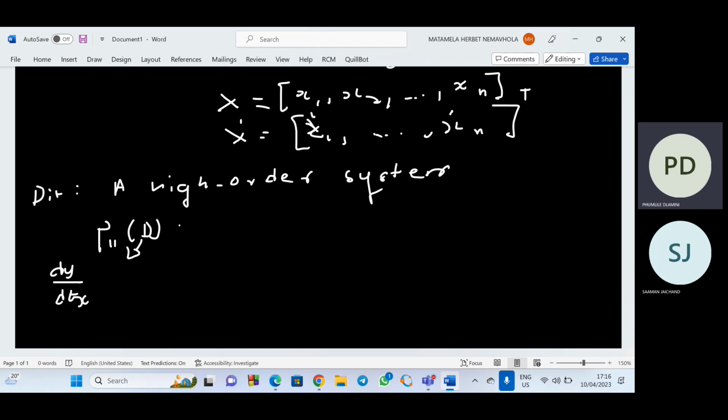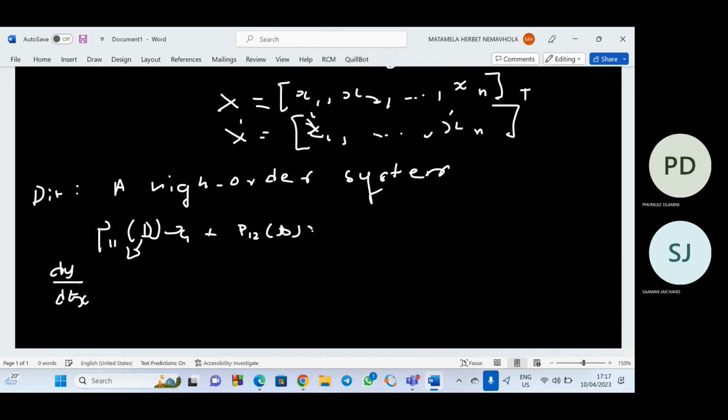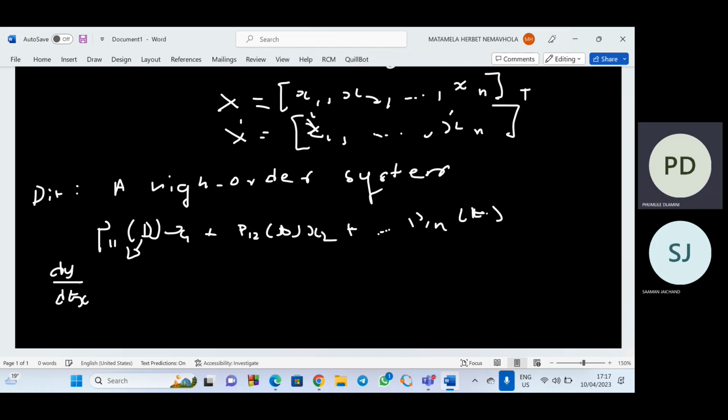So it's going to be P11 of D x1 plus P12 of D x2 plus up to P1n of D xn. This equation is going to be equal to something which we can name h1 of t.